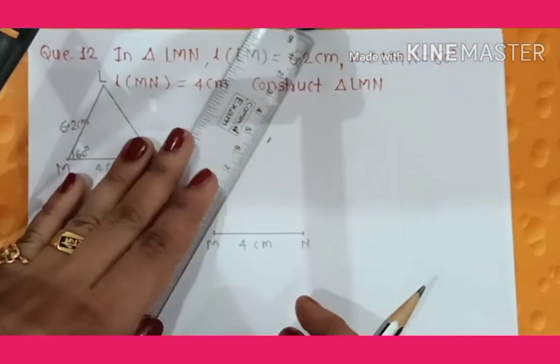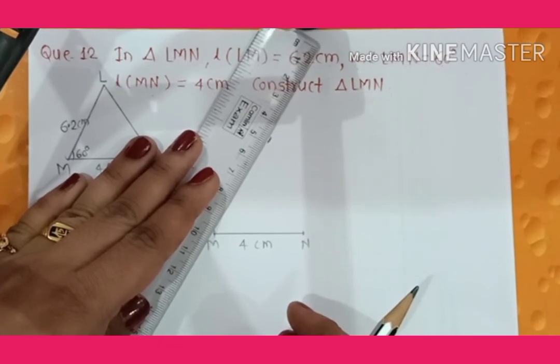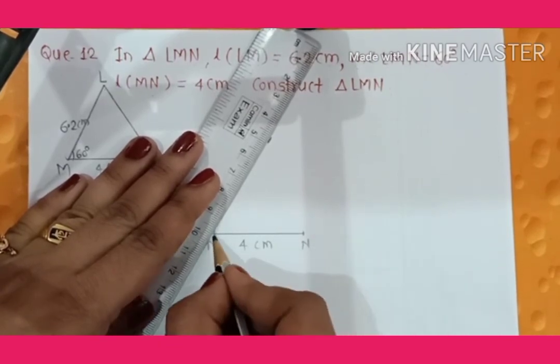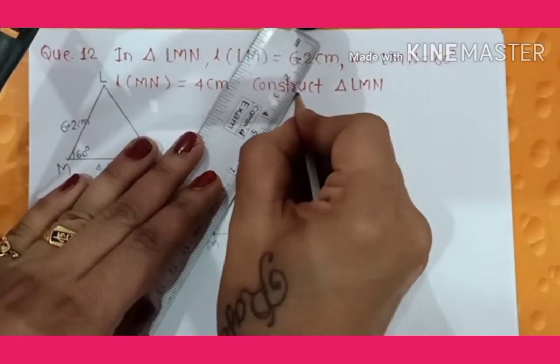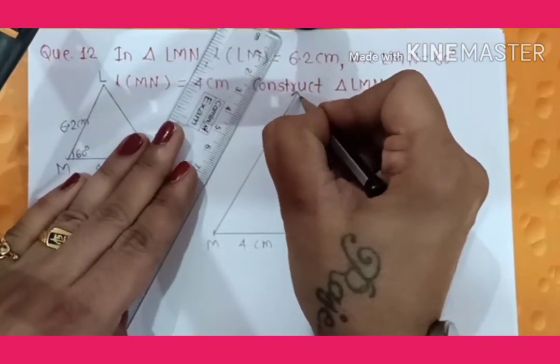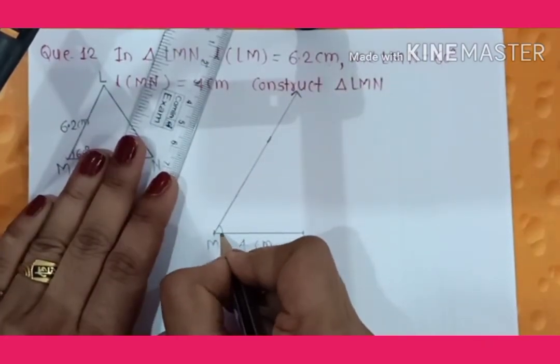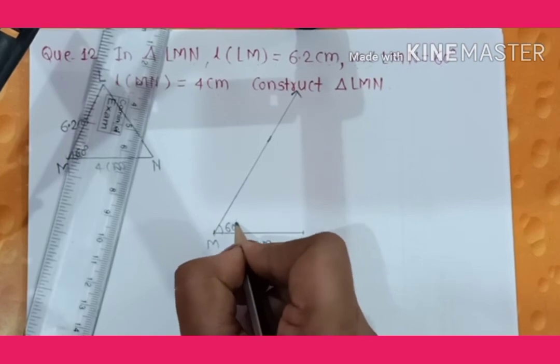From this point M, draw a ray in such a way that angle M becomes 60 degree.